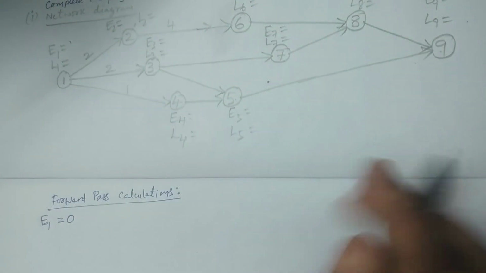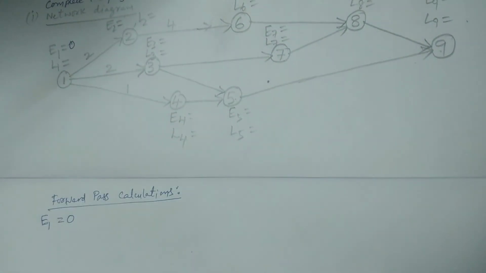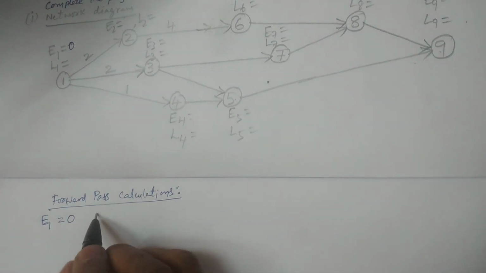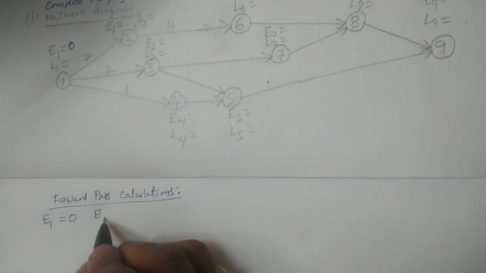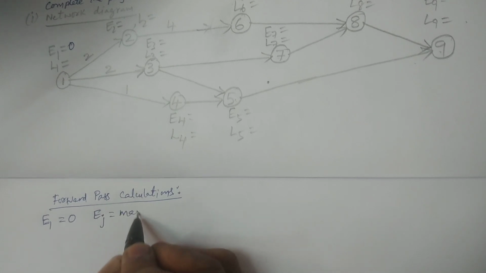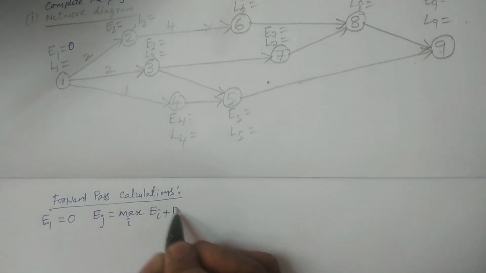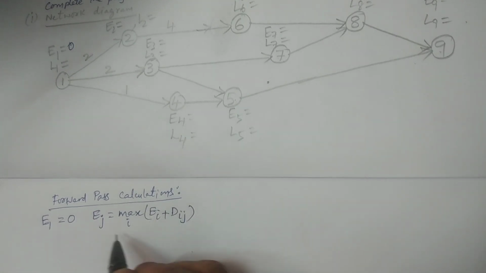I write here E1 is 0. For the remaining ones, I give you the formula: Ej is equal to the maximum, with respect to i, of Ei plus Dij. This is the formula I am specifying.